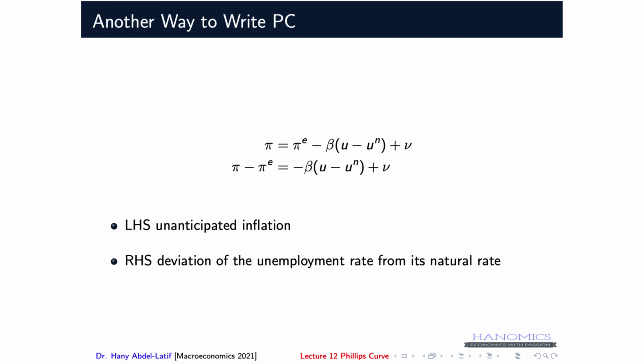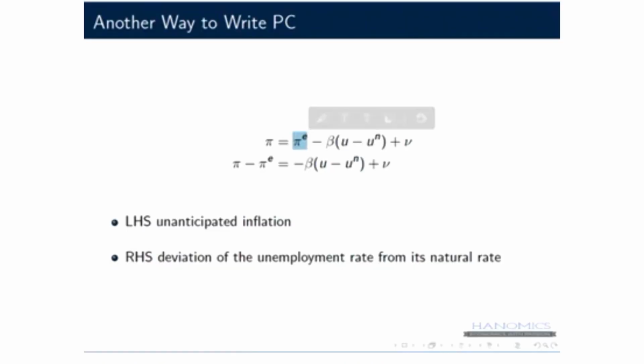So if we just tweak the inflation rate equation a little bit, this is what we saw so far. If we move the expected inflation to the left-hand side, this is still the Phillips curve.